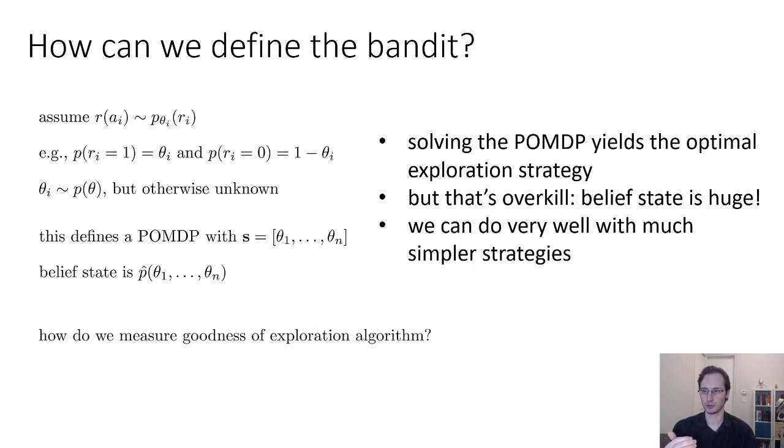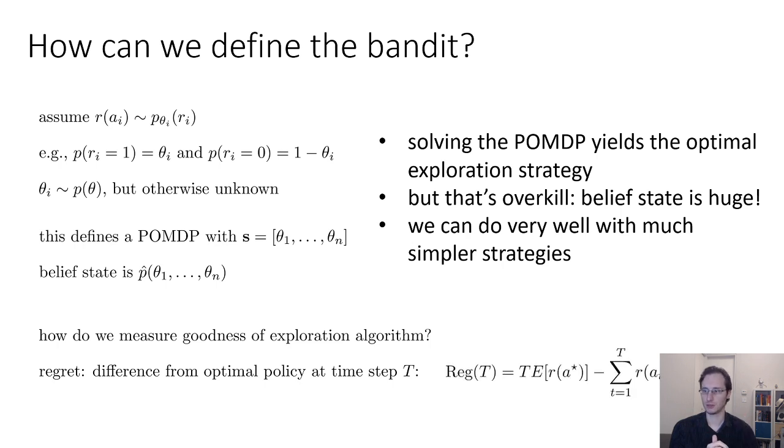So how do we measure the goodness of an exploration algorithm? Well, we do it in terms of regret. And regret is the difference from the optimal policy at time step capital T. So you can write the regret as capital T times the expected value of the reward of a star, that's the optimal policy, minus the sum of rewards that you actually got.